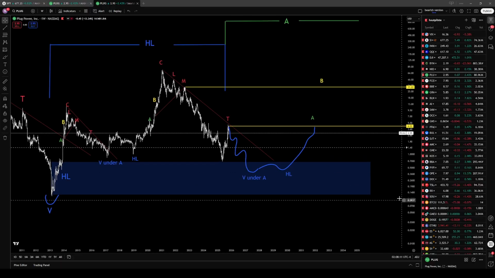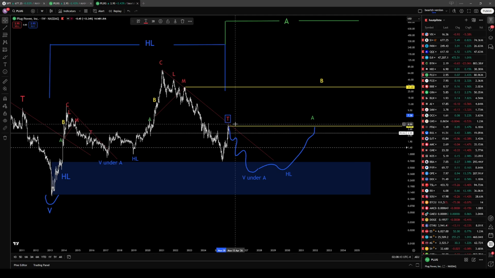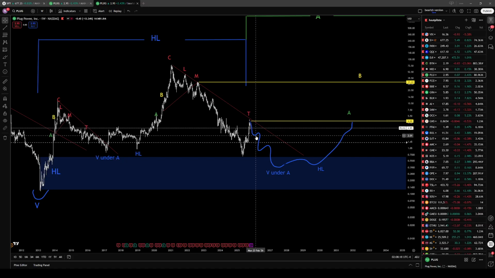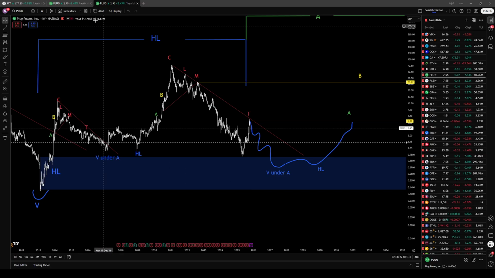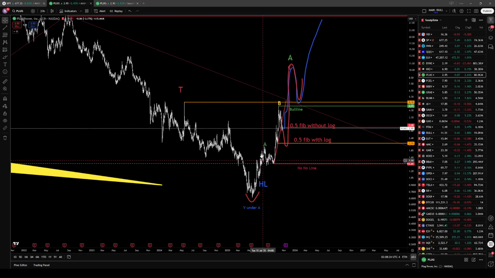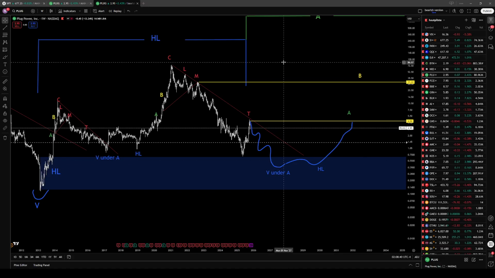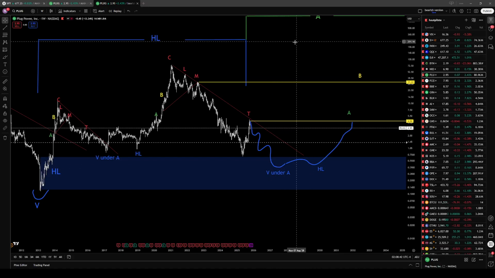But for the bearish alternative, this peak, what we did right now, would be T, and you would fall down. This V under A and this higher low here from the bullish chart would be wrong, and you would still look for a new V under A, which isn't changing that this whole thing would be higher low, but the higher low would be ending here, and then you would start to your A peak.